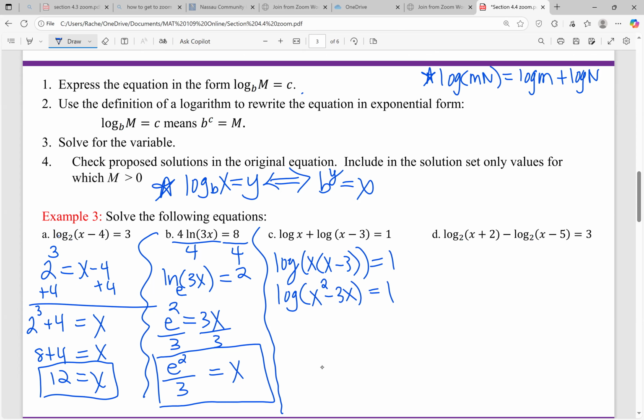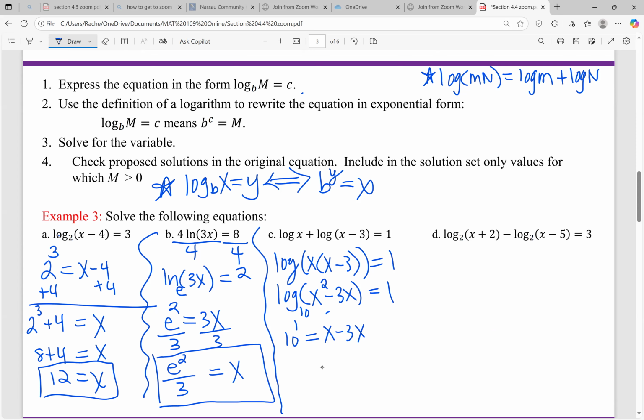And now let's rewrite this log as an exponential expression. Log is base 10, right? So there's a 10 here. So 10 to the first power is equal to x squared minus 3x. And 10 to the 1 is just 10, right? So 10 equals x squared minus 3x.